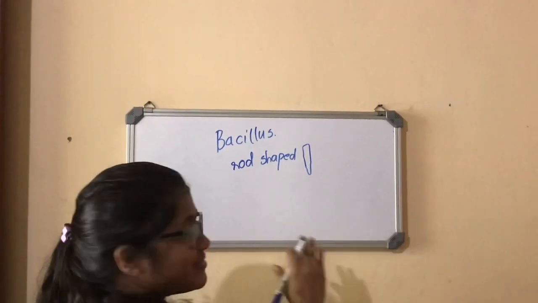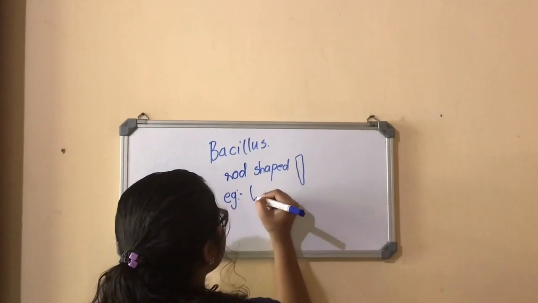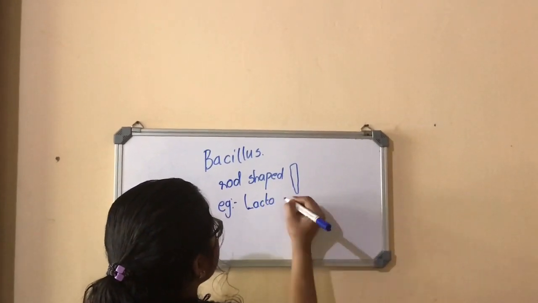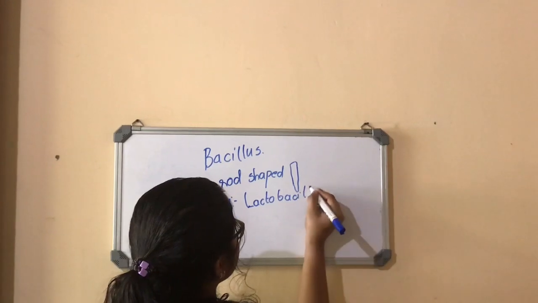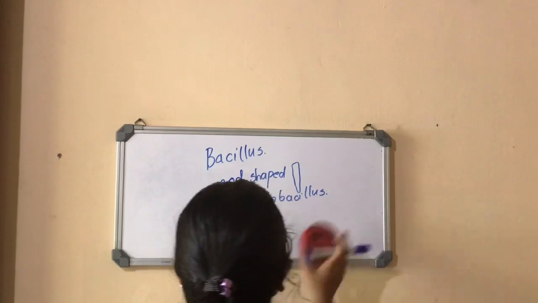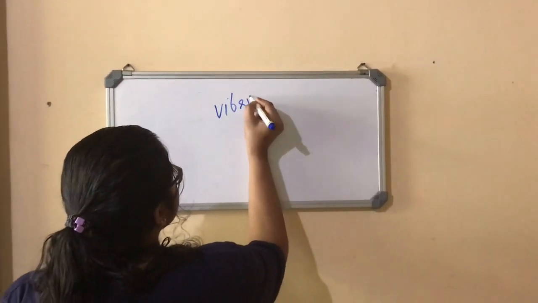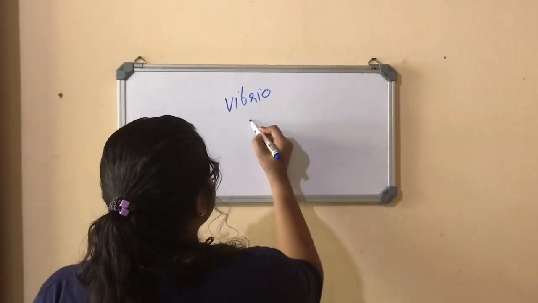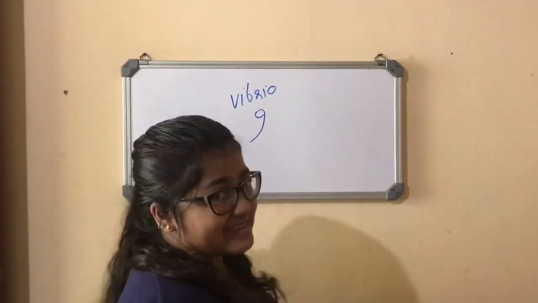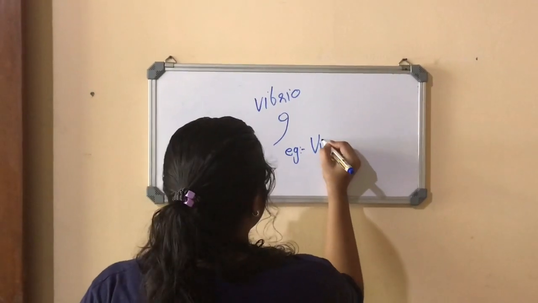This example is very easy to remember since we have a daily usage of curd. Then, after lactobacillus, it is the Vibrio. Vibrio is a comma-shaped bacteria, and the best example of Vibrio is Vibrio cholerae.